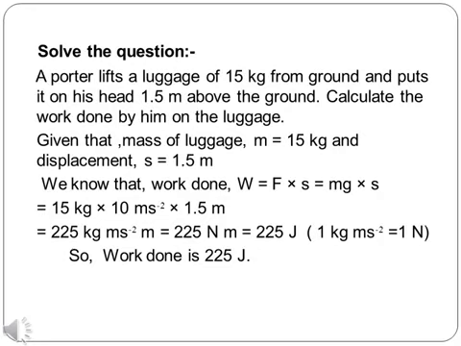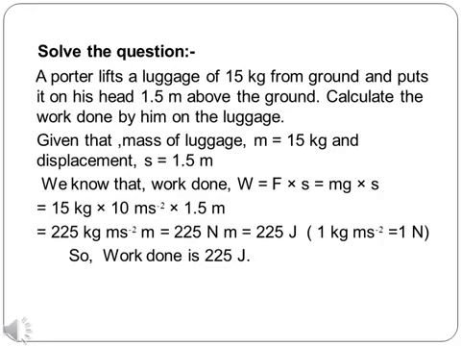Given that mass of the luggage m is equal to 15 kg and its displacement s is equal to 1.5 meter. We know that work done W is equal to force into displacement, which is F into S, which is equal to mg into S, since F is equal to mg.